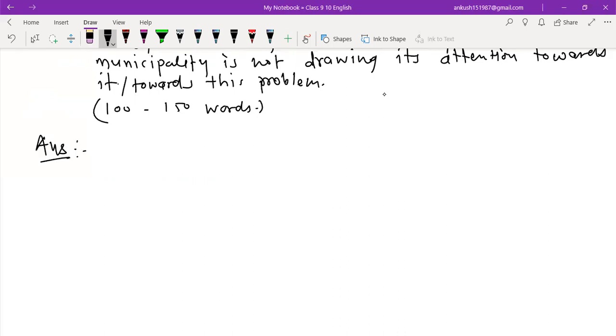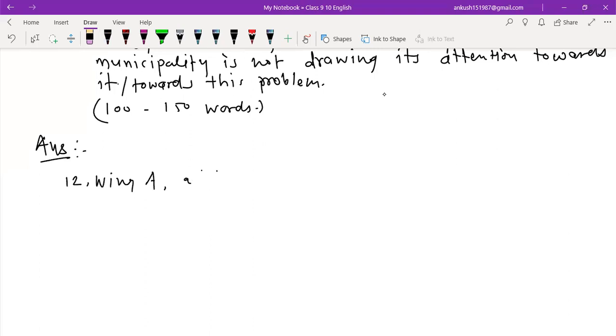So the answer can be like this. What is the first thing? First we write the sender's address. So I'm writing the address here, 12. Then the date. After the address, we will have to write the date.